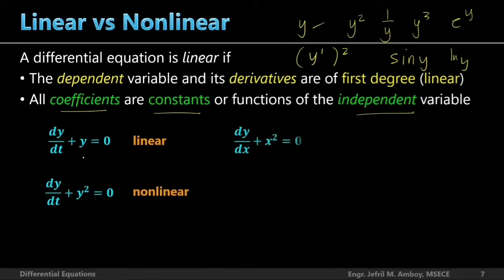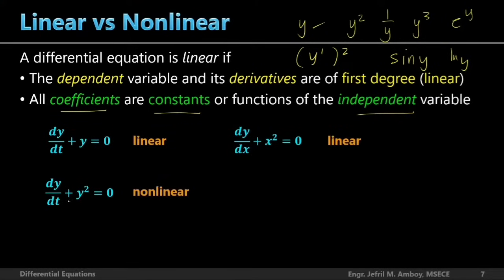Next example. Here we have dy over dx plus x squared. Sir, may x squared, non-linear siya. Okay. However, although naka-square yan at yan ay non-linear, yung x ay independent variable. So, since it is independent, kahit pagawin mo yan x cubed or x to the 100, independent variable siya. Still, this equation is linear. Anong pinagkaiba dito?